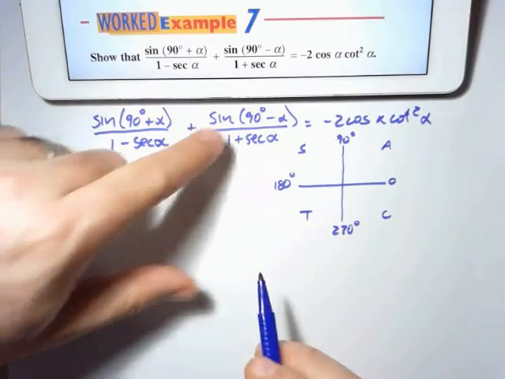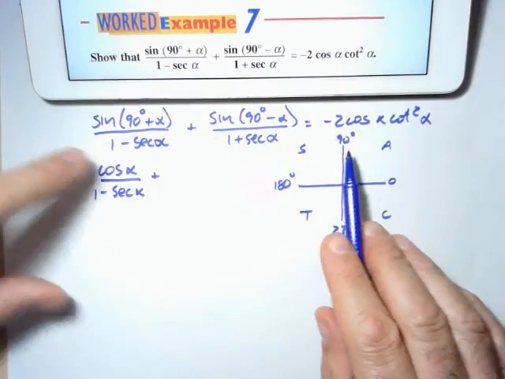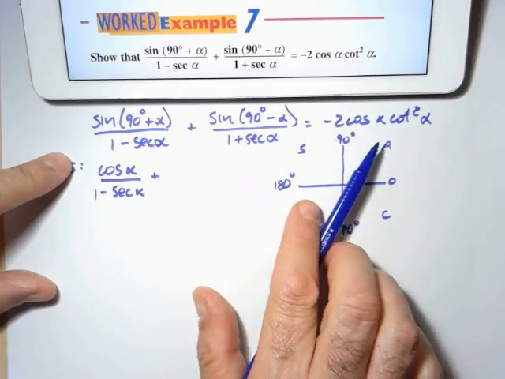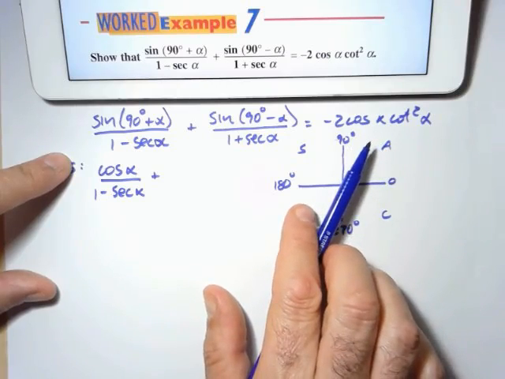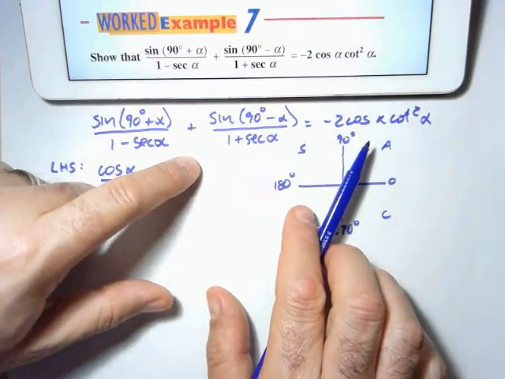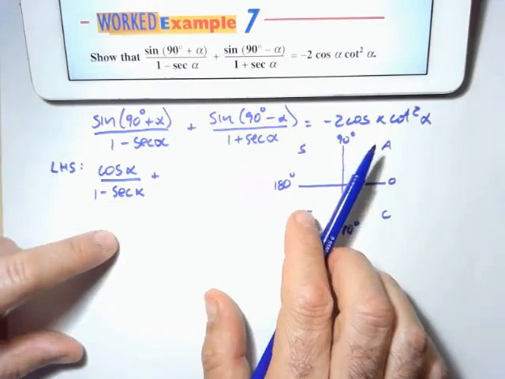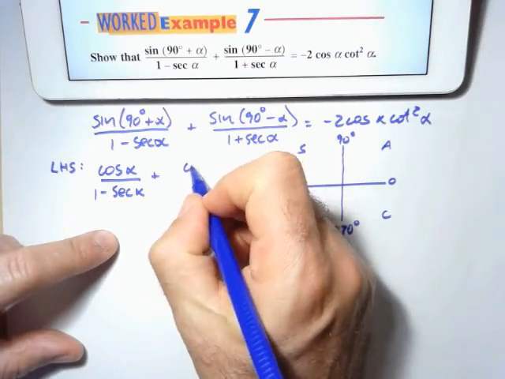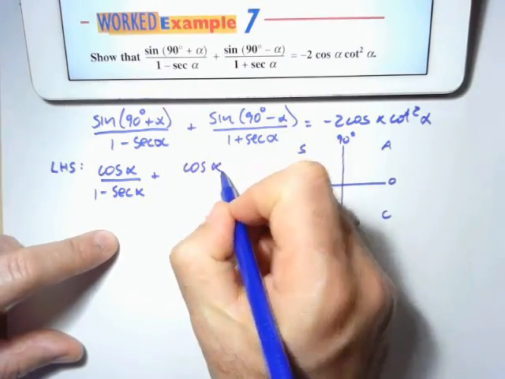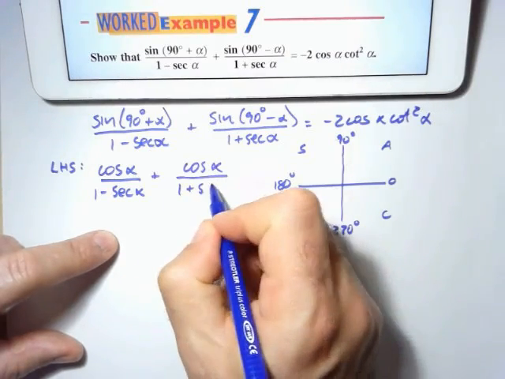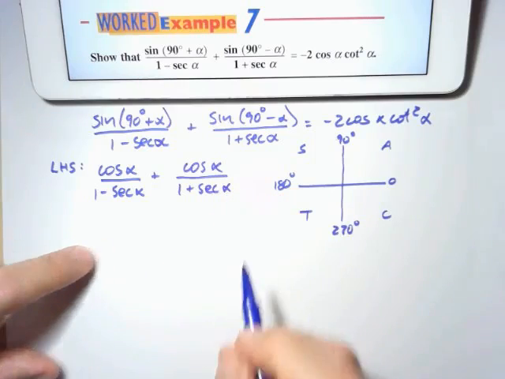Plus the sine of 90 minus alpha. If I say 90 minus alpha, it's back in my first quadrant. In my first quadrant, everything is positive, so that's why it stays positive. I'm working from my y-axis, so I work with complementary angles, so sine becomes the cos of my reference angle alpha. Divide by 1 plus sec alpha.